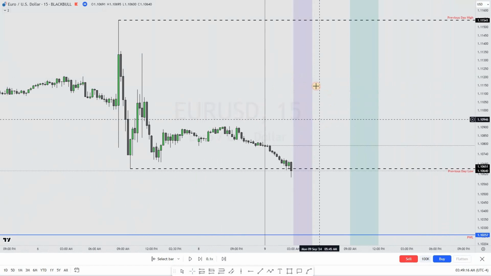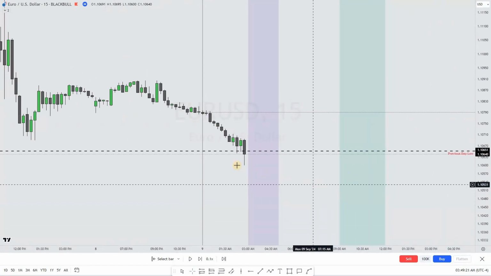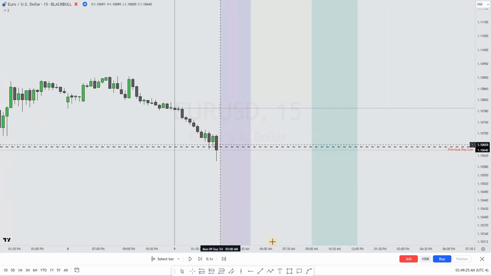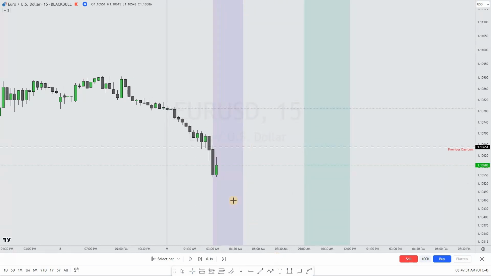Okay, so coming to the session, I'll be still waiting here because I've not yet made my decision. I'm still waiting. Now here, I would prefer to see a fair value gap. I didn't want to see this candle touch this week over here, the low of this candle.